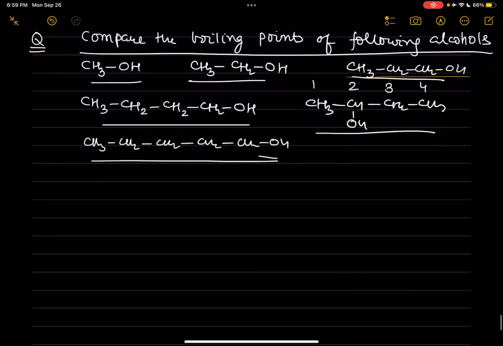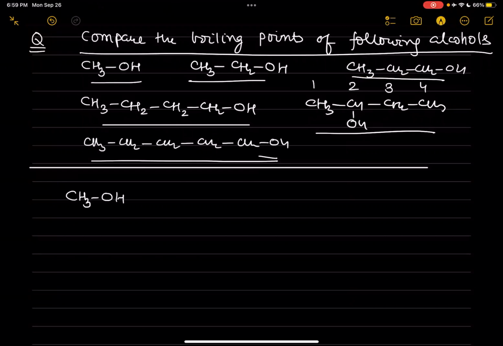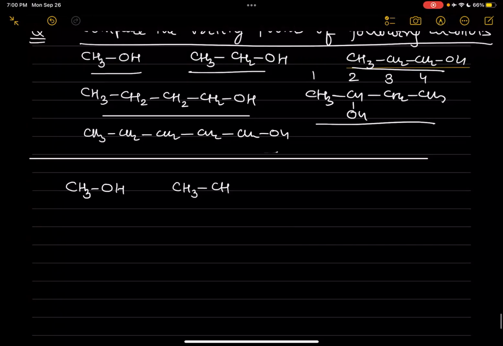So the lowest boiling point is going to be for CH3OH. Next comes CH3CH2OH. The heavier molecule needs more energy to escape. It needs to be heated more strongly to convert it into vapors.